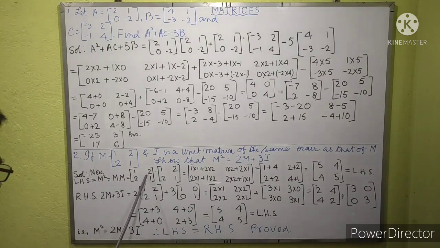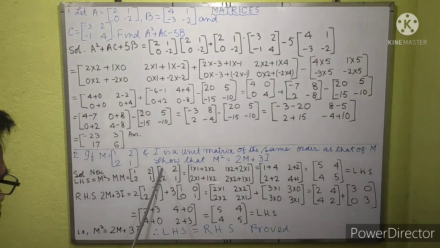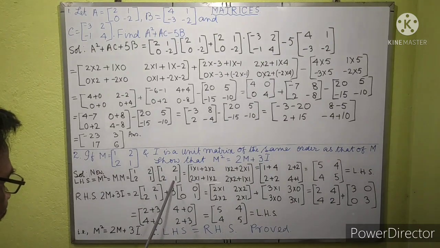M is [1, 2; 2, 1] into [1, 2; 2, 1]. The same procedure: first row into first column, first row 1 into 1 and 2 into 2, this is again first row second column, this one again second row first column, second row second column.